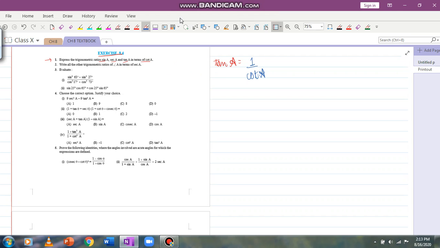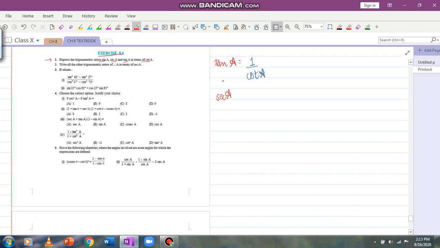The second ratio that I have is sine and I have secant. It's not necessary to start with sine or secant. You can do any. The next ratio that I'm going to write down is secant A, because secant A can be related with tan, and I already have the answer of tan in terms of cot.